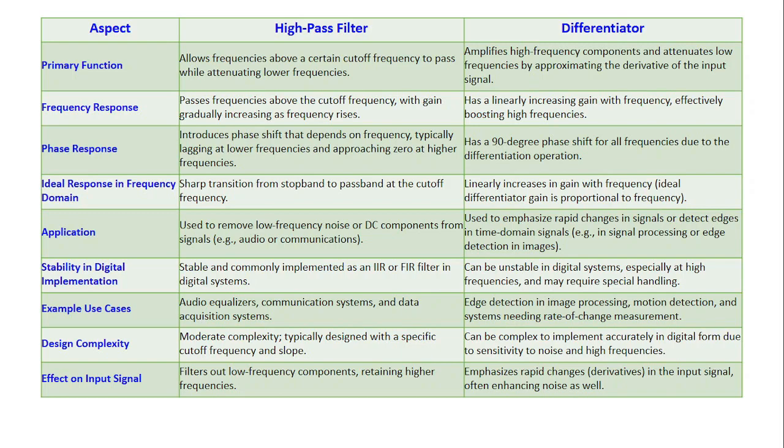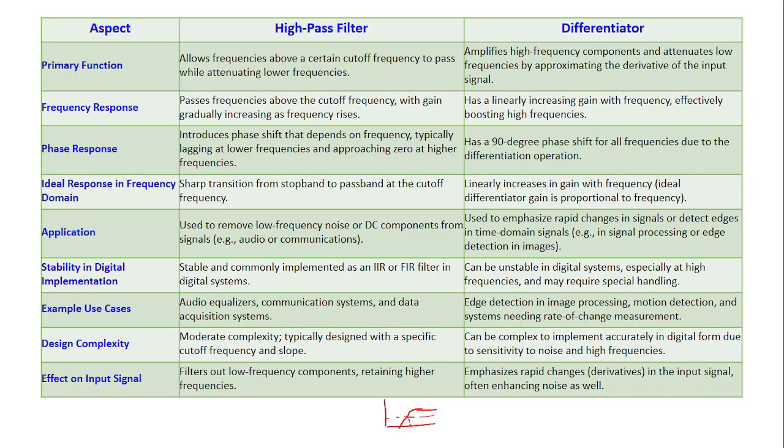Okay, now I will tell you the basic thing. If you look into the high pass filter, you have something like this. So this is the cutoff frequency. Now what happens is that in a high pass filter, the low frequency components are being blocked.